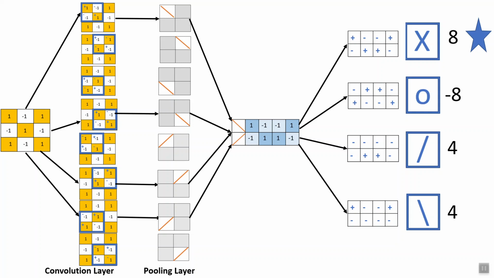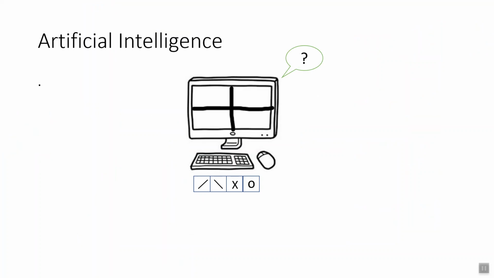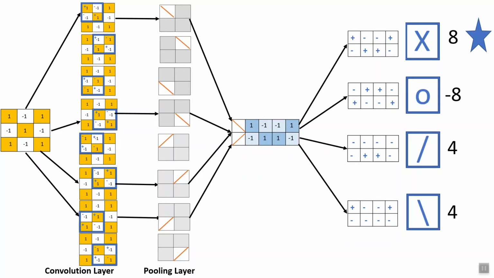So the first value gives the maximum value, its score is 8, then minus 8, 4 and 4. We are going to pick the biggest number. That one, the first one, wins. So what it concludes is that the given matrix is the X.